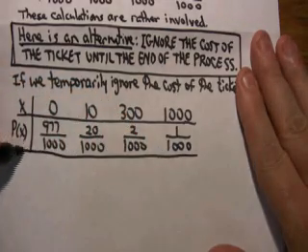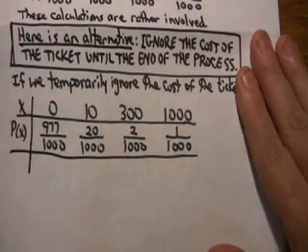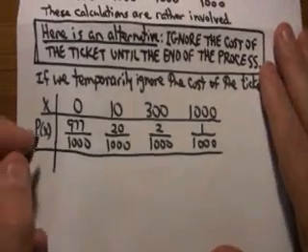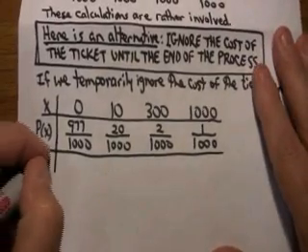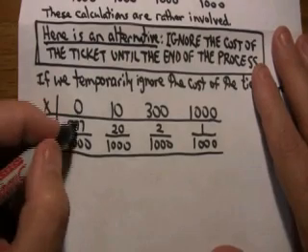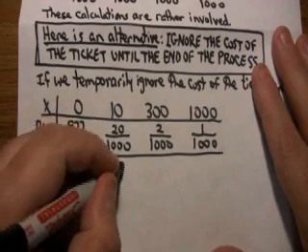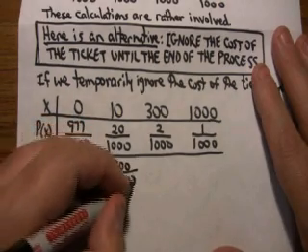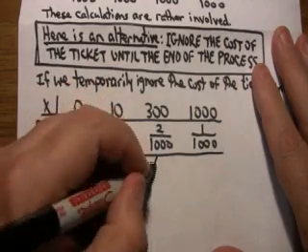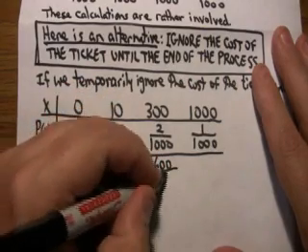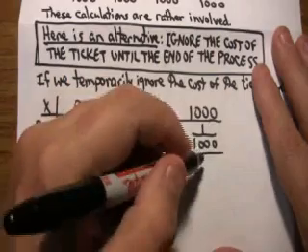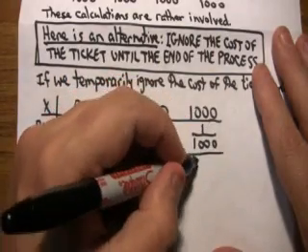If we make another row for the product of x and p of x, we get 0 times anything is 0. 10 times 20 is 200 over 1,000. 300 times 2 is 600 over 1,000. And 1,000 times 1 is 1,000 over 1,000.